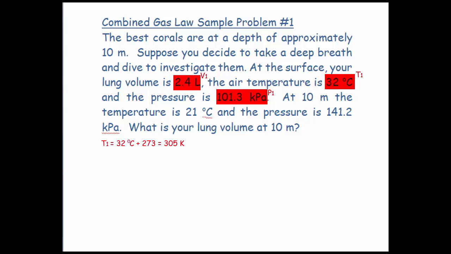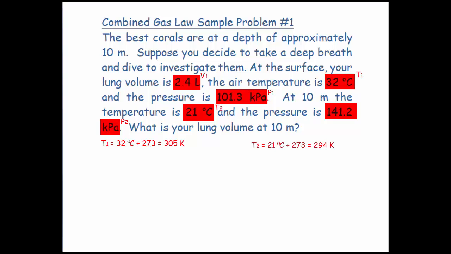The problem then tells us that once we dive down the 10 meters, we're going to experience a temperature of 21 degrees Celsius, that's T2, and a pressure of 141.2 kilopascals, that's P2. We'll also need to convert T2, 21 degrees Celsius, to Kelvin before we can solve the problem.